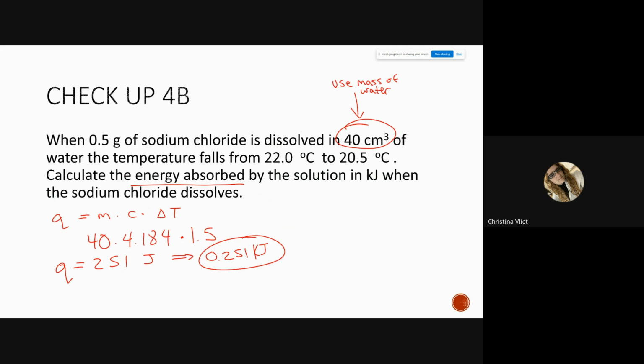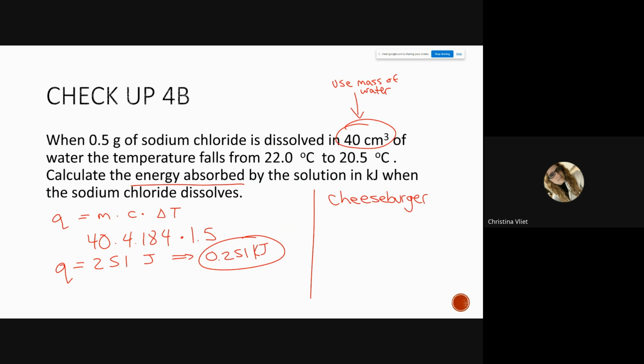I have a fun fact for you. Do I have time for it? If you eat a cheeseburger, the calories on your nutrition label are not calories. They're actually kilocalories.